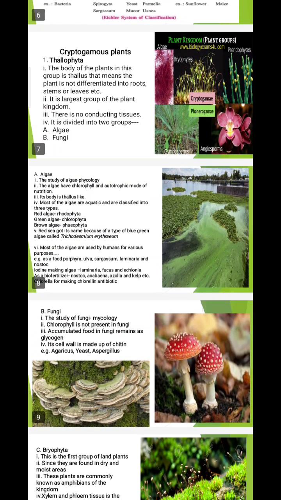Most of these algae are used for various purposes, like as food. Porphyra, Ulva, Sargassum, Laminaria and Nostoc are the plants which are used as a salad or for preparing dishes, or also as animal feed.